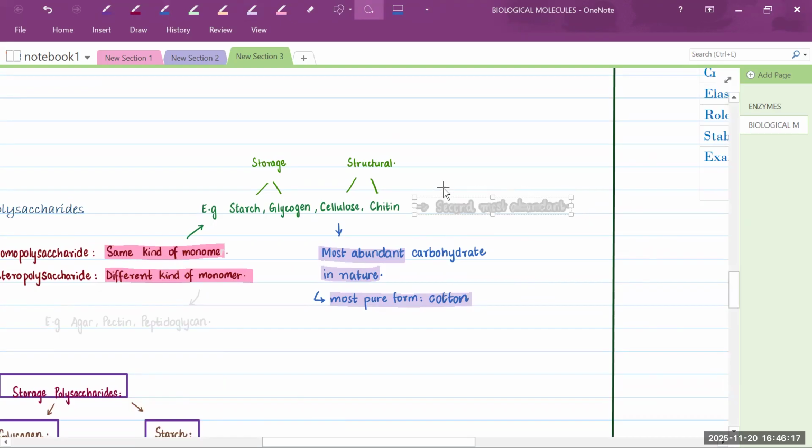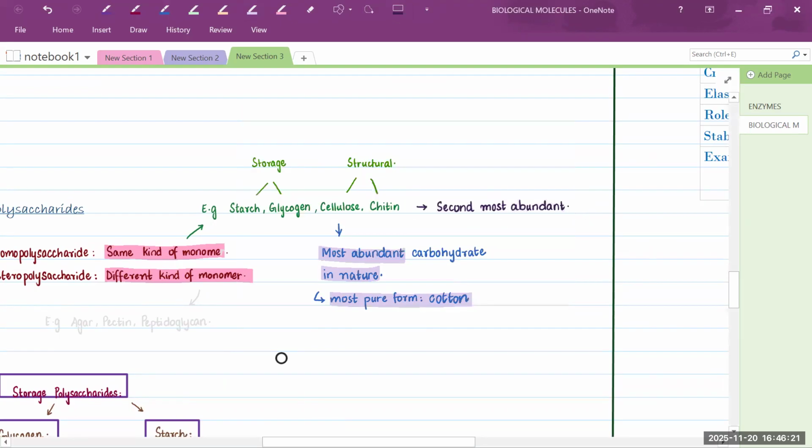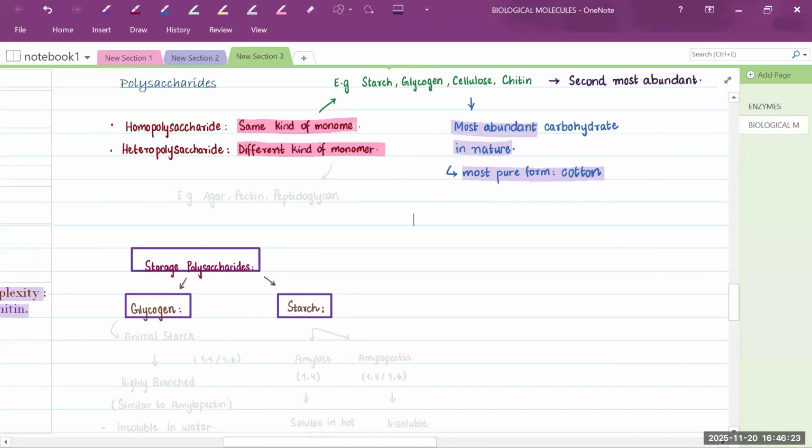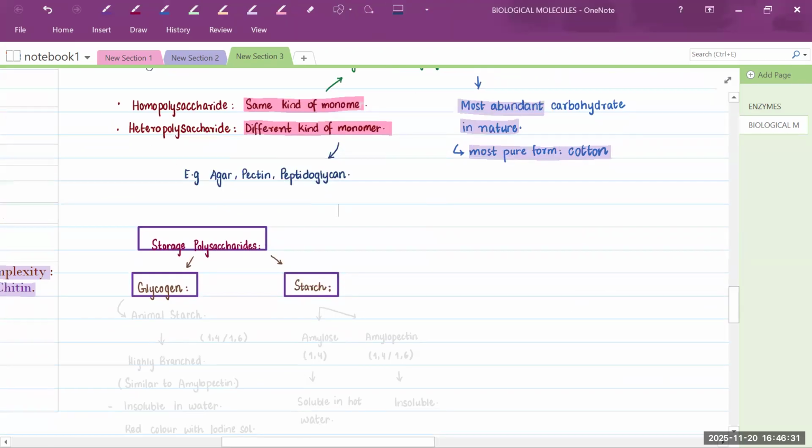Chitin is the second most abundant in nature, and you need to remember the first most abundant and the second most abundant. For heteropolysaccharides, the examples can be agar, pectin, and peptidoglycan. You don't need to remember the different kinds of monomers for these.